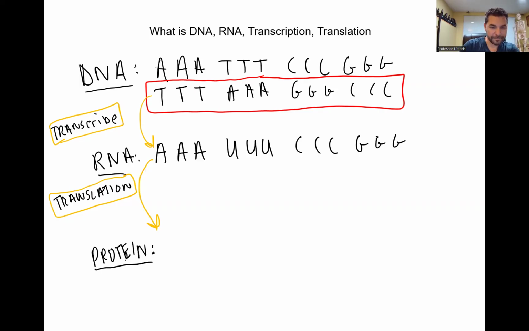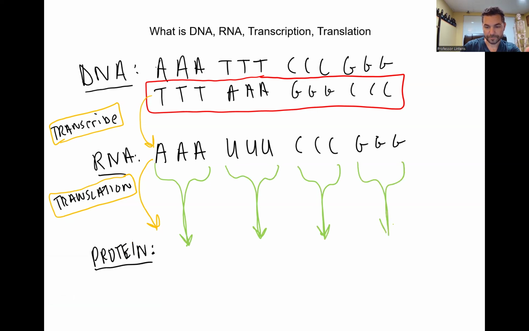The first thing we have, I'll do a slightly different color for you, 3 base pairs called codons. And all a 3 base pair means is the 3 letters code for something. And the code that the ribosome is reading correlates to an amino acid.